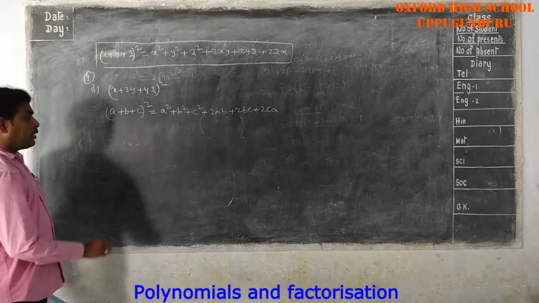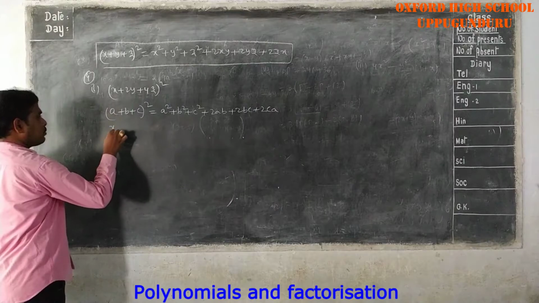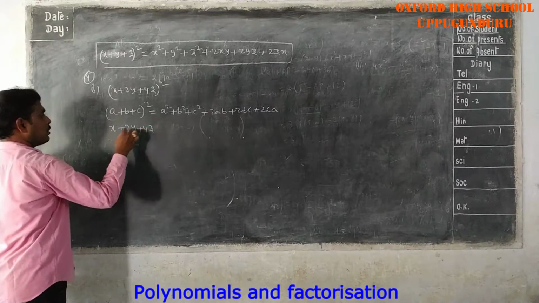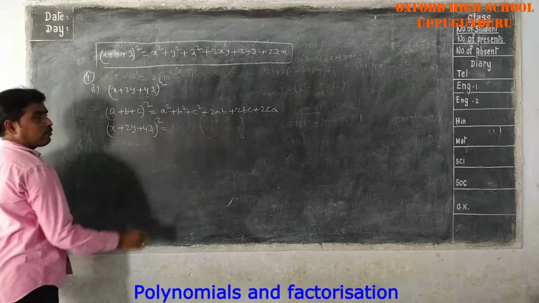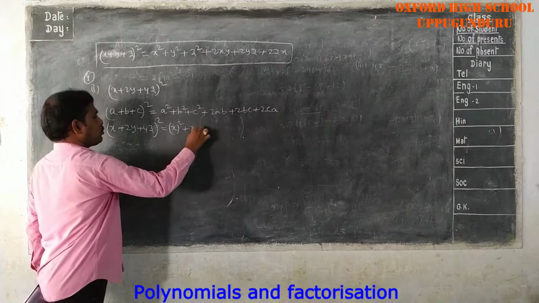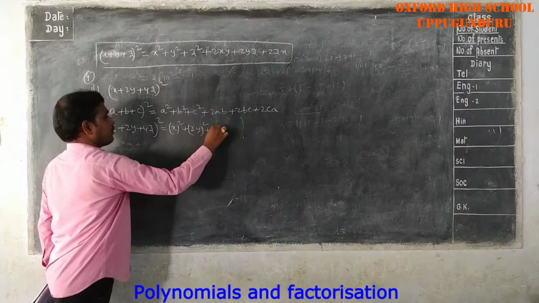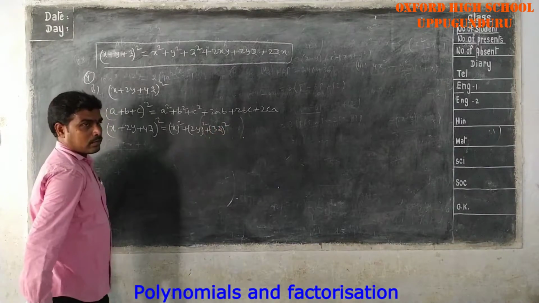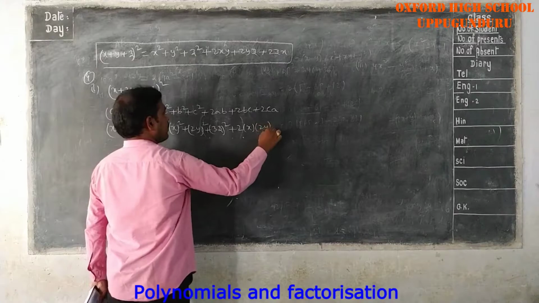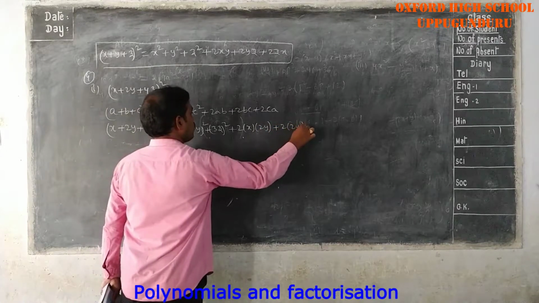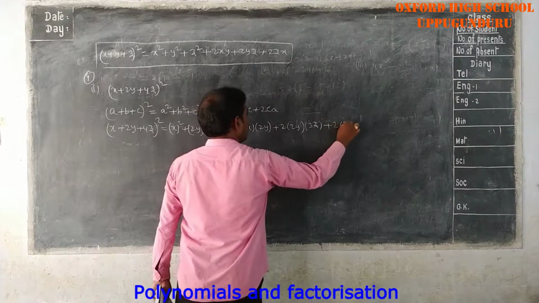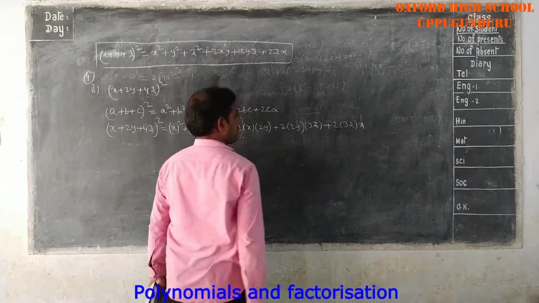So using this identity, in place of a I am substituting x, in place of b 2y, in place of c 4z. Whole square equal to x whole square plus 2y whole square plus 4z whole square plus 2 of x into 2y plus 2 of 2y into 4z plus 2 of 4z into x.